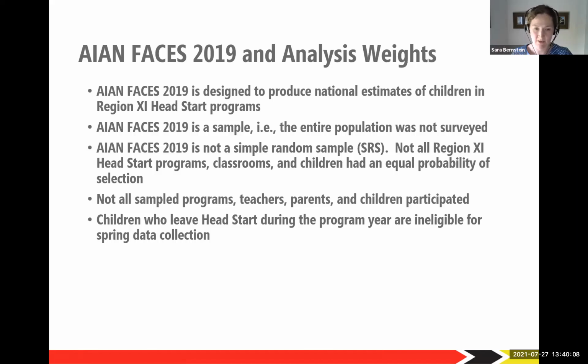So there's that unit non-response I was talking about a few minutes ago. That varies by instrument. And then there are children who leave their Head Start program after fall data collection and before spring data collection. If they leave their Head Start program in that period, they're not considered eligible for spring data collection. So just some things to keep in mind.